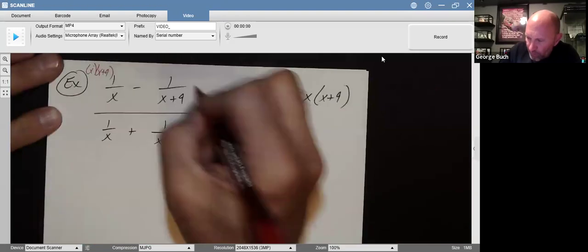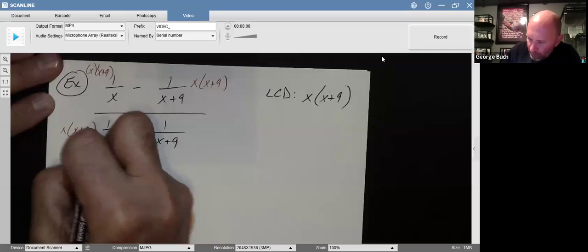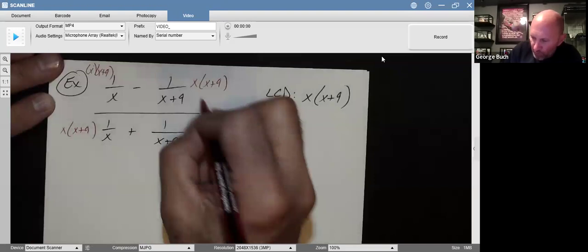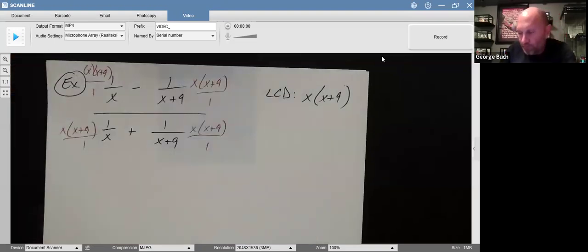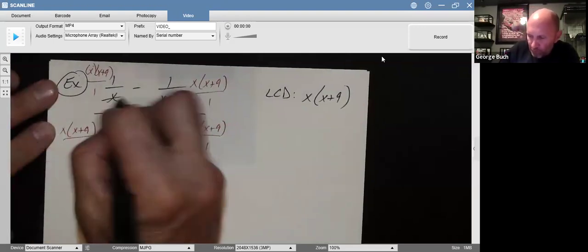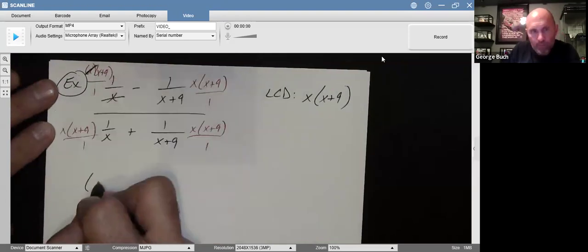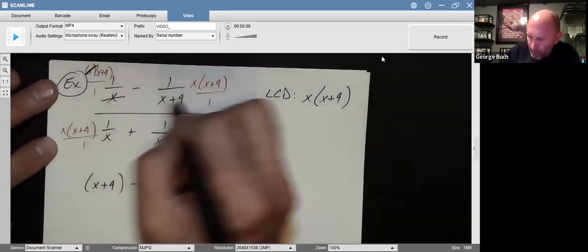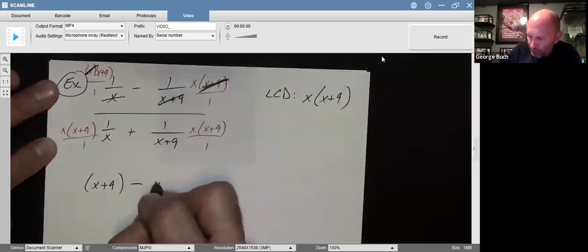X times x plus 9, x times x plus 9, x times x plus 9. These are all over 1 if you want to make sure you don't mess up the fractions. So from this first term, this x cancels with this x up here, so I'm left with 1 times x plus 9, minus, here the x plus 9's cancel, so I'm left with 1 times x, which is just x.